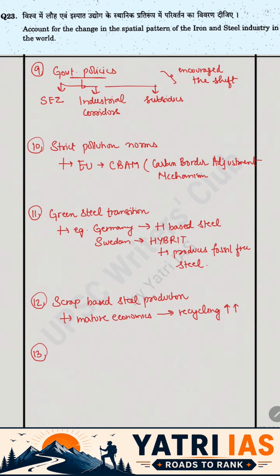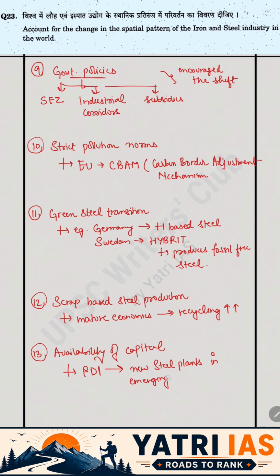Then you mention availability of capital, and FDI, foreign direct investment, has prompted new steel plants in emerging economies as well, by providing the fund. So these are the reasons you could mention.